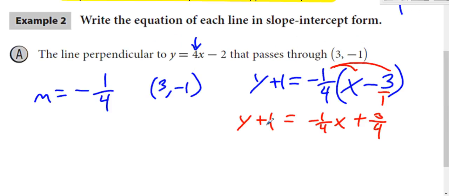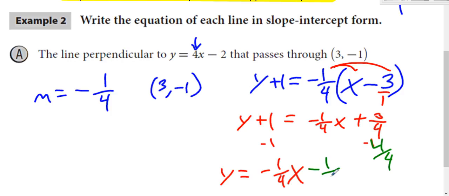And then to get y by itself for slope intercept, we have to subtract the 1. And a little bit of fraction work. Since we wanted to have a denominator of 4, we're going to change that 1 to be 4 over 4, because that's the same thing. And you just subtract the numerators. 3 minus 4 is -1. And you keep the denominator.